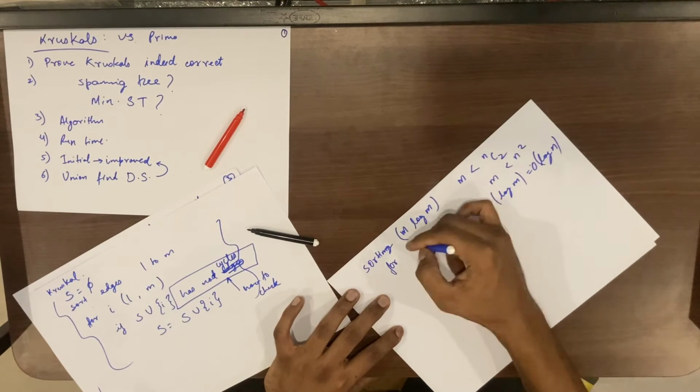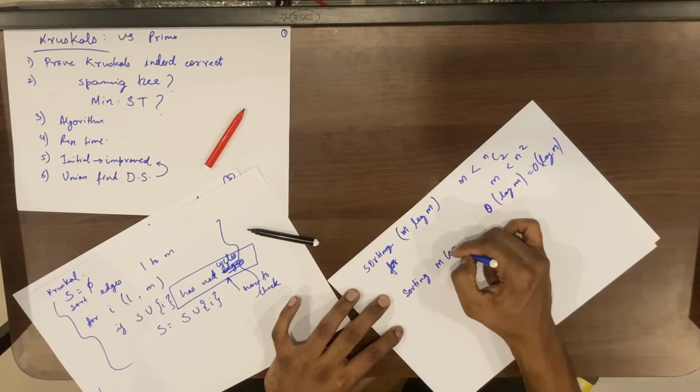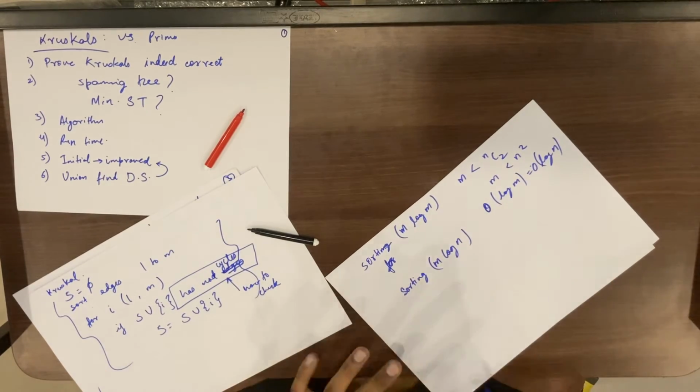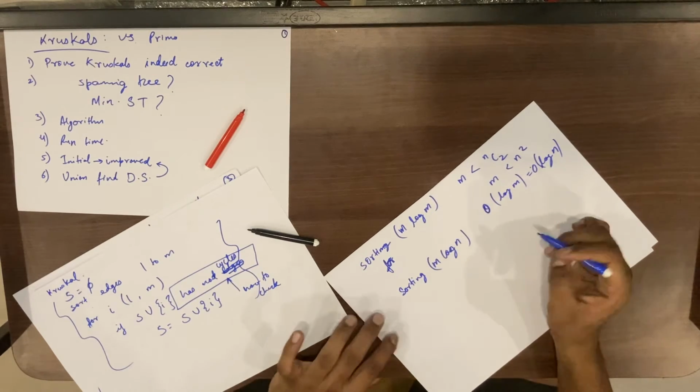So I can write this sorting as m log n. I just want to do that because m log n is generally the way graph algorithms are analyzed anyway.